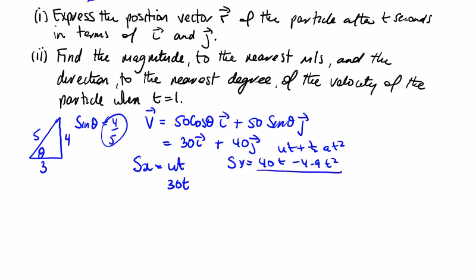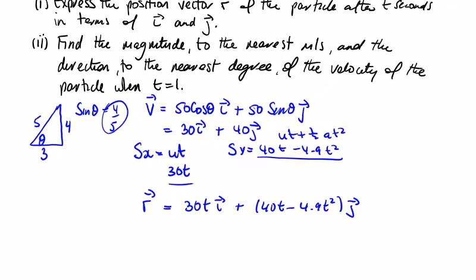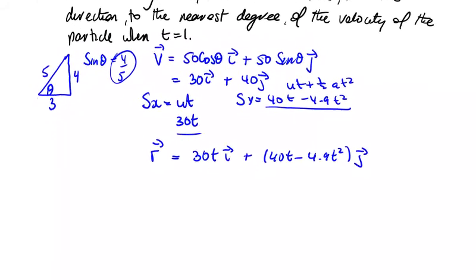So we can write r in terms of t. r is equal to 30t in the i direction plus 40t minus 4.9t squared in the j direction. That's what they're looking for in part 1. In part 2, the magnitude and the direction when t is equal to 1.